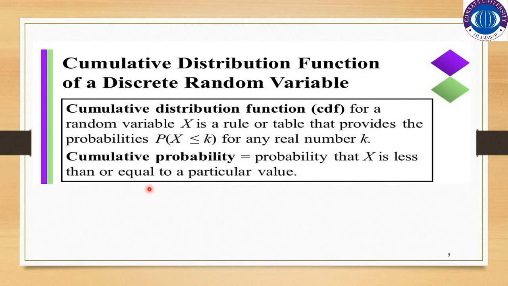In the discrete probability distribution function, like we discussed in the previous part, it was giving us the probability at some particular point, that is p of 0, p of 1, or probability x is equal to 2. In the cumulative distribution function, we can find out the probability till some particular point, less than or equal to that particular value.